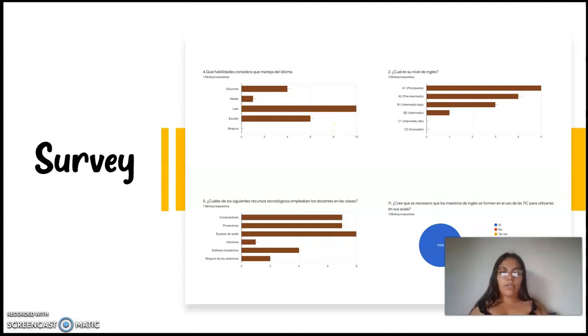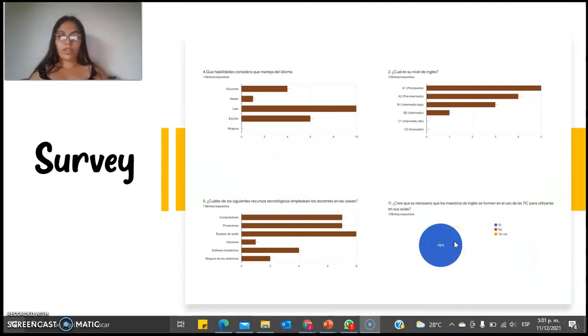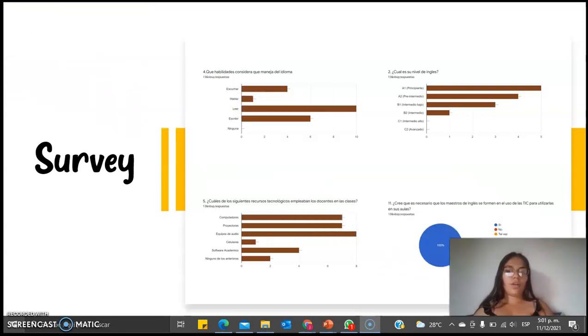And this graph corresponds to the question about whether they consider the implementation of ICT important in the classroom. All of the participants of the survey consider that ICT in the classroom is really important for the educational process.